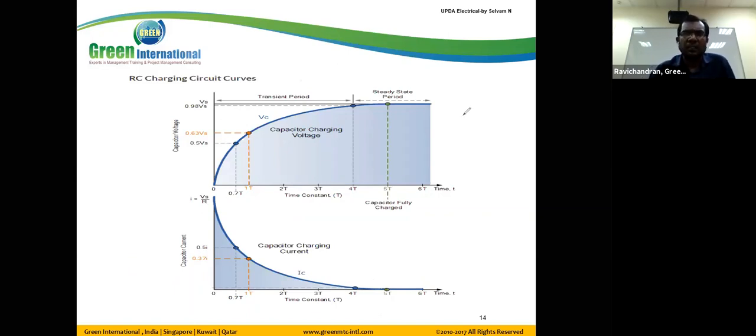Similar to the previous one, first we are discussing the capacitor charging voltage. The same curve in the RL circuit represents the current; here we represent the voltage. So initially, at t equal to 0, there is no voltage in the capacitor.